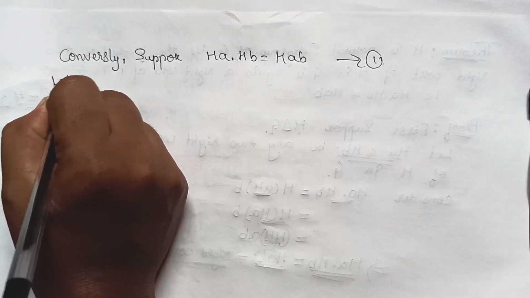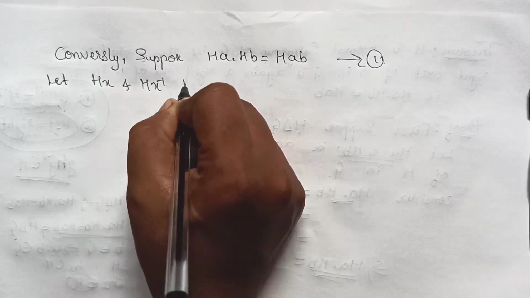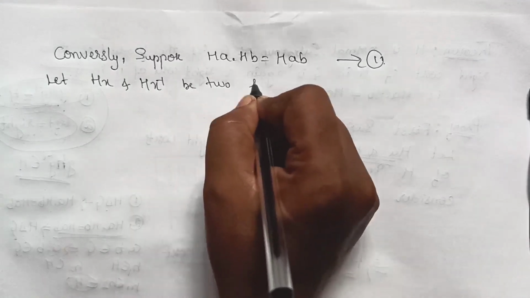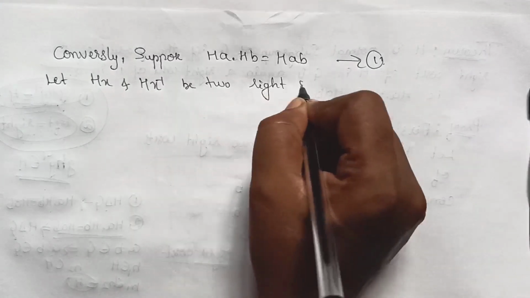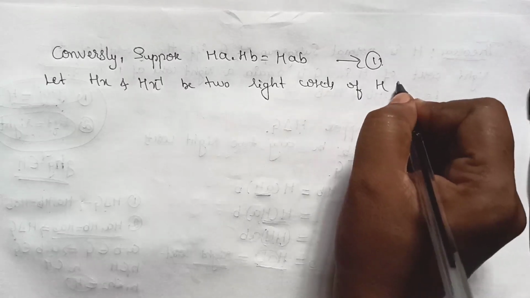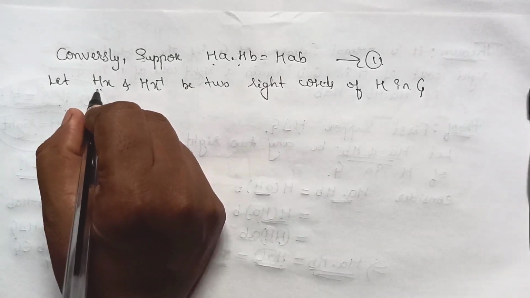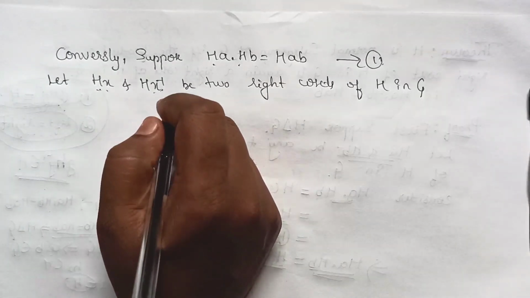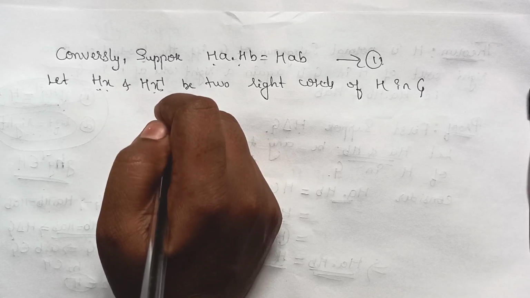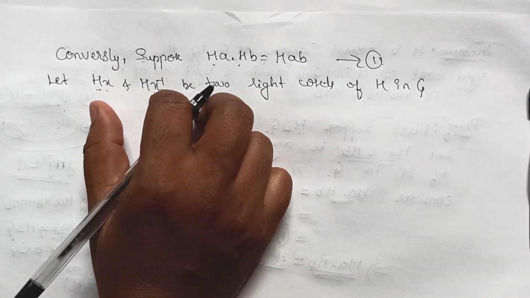Let Hx and Hx inverse be two right cosets of H in G. So instead of HA here we are considering Hx and Hx inverse as the two right cosets. By using this condition we prove that H is normal to G.